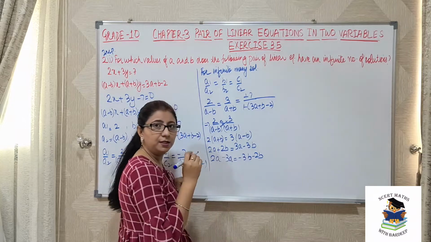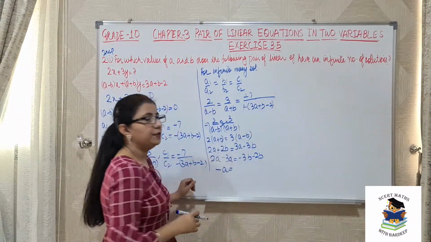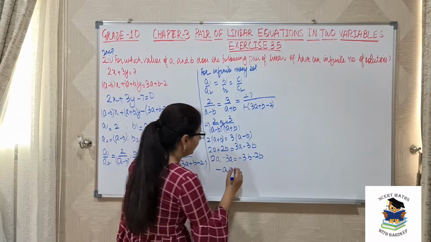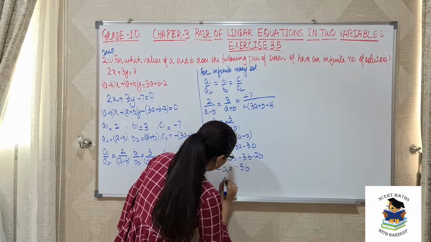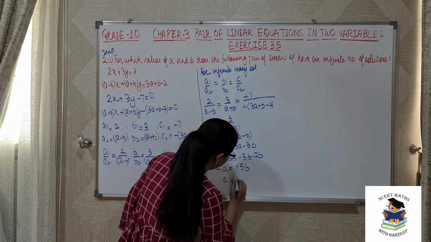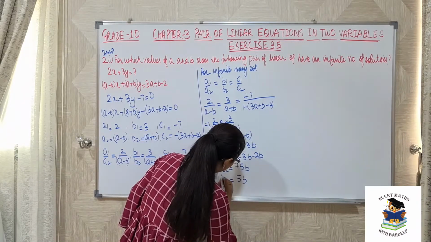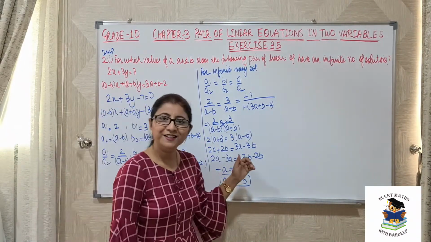So 2a minus 3a is minus a. Minus 3b minus 2b is minus 5b. So here we are having one equation. See, this minus and minus will be cancelled. So a equals 5b. This is the first relation in a and b.